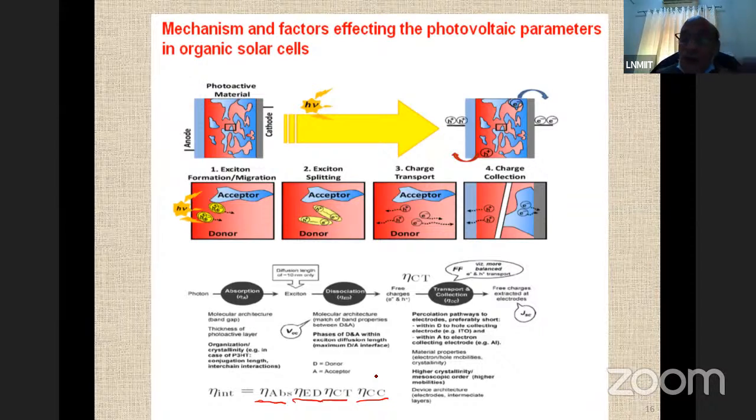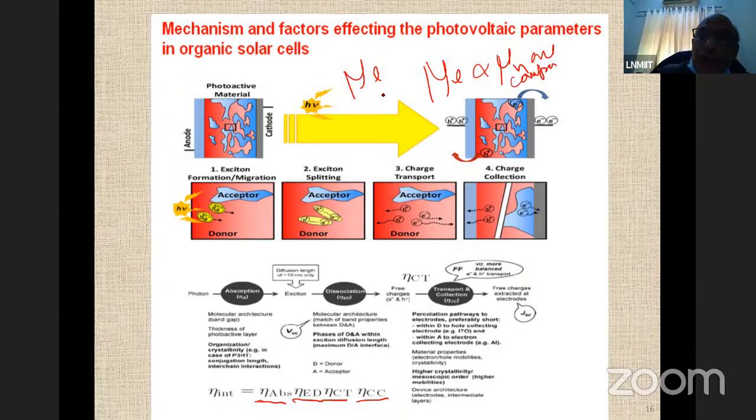Okay. Now, once the electron and hole pairs are formed, the electrons will move in one direction and the holes will move in the other direction. The main thing is that the electron and hole mobilities, mu E and mu H, are comparable, or you can say mu E upon mu H must be equal to 1.